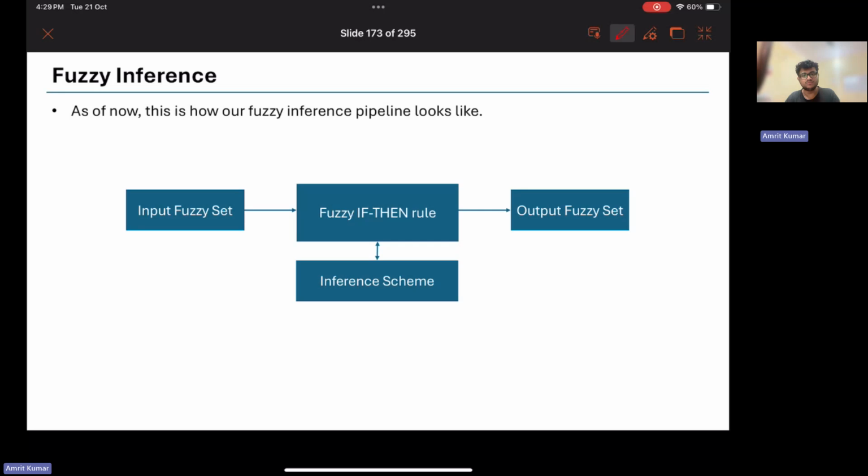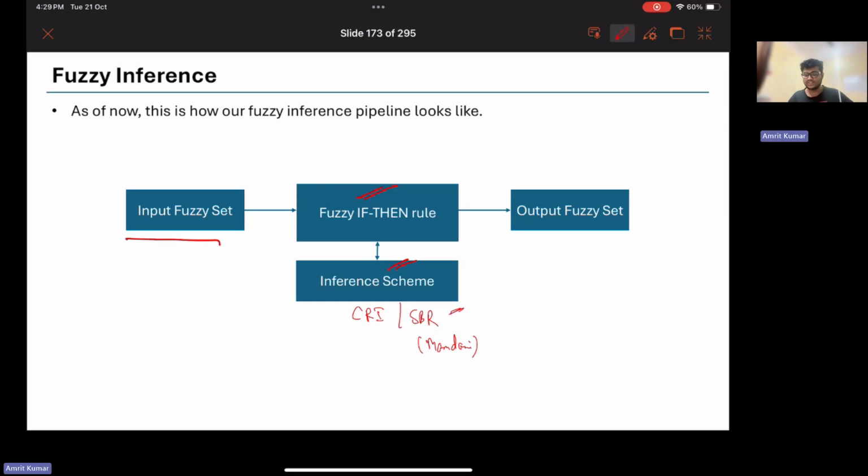So as of now, this is how our fuzzy inference pipeline looks. We have a fuzzy if-then rule and we have some kind of inference scheme. This inference can be a compositional rule of inference, or you can have a similarity based reasoning scheme, for example, a Mamdani inference scheme. And you're given an input fuzzy set.